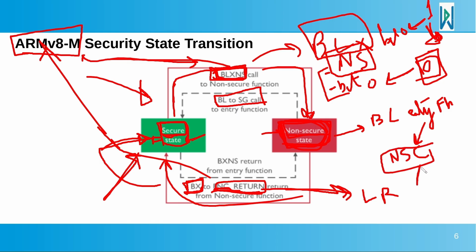Now the first instruction to be executed must be secure gate. So if we jump to an address located in a memory region that is marked as non-secure callable, then the first instruction that we execute there is secure gate. The CPU will switch right away to secure.